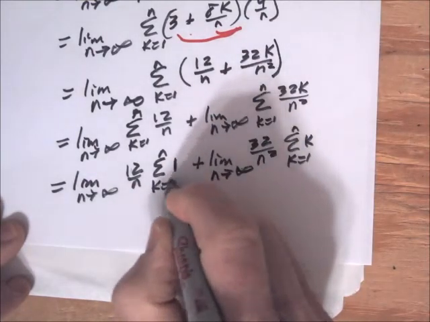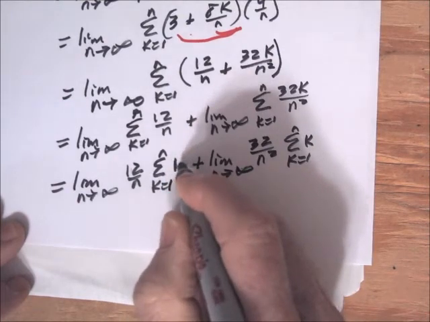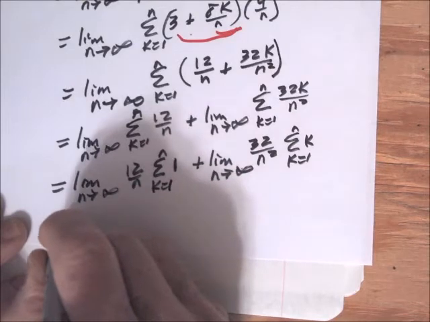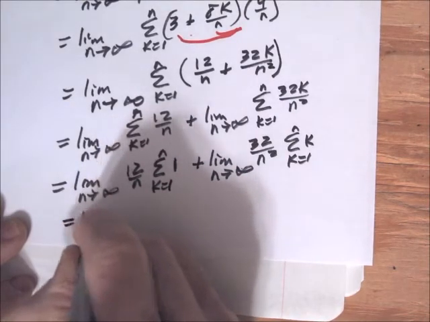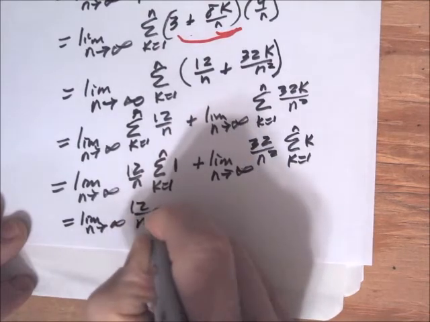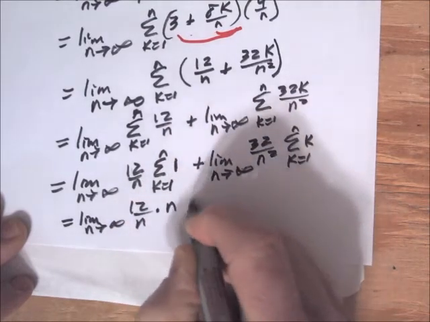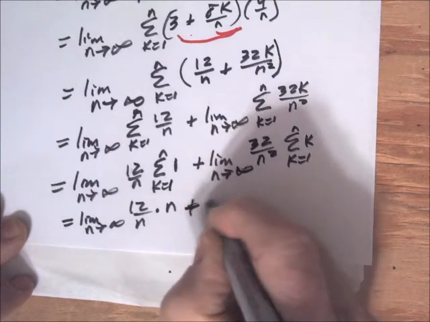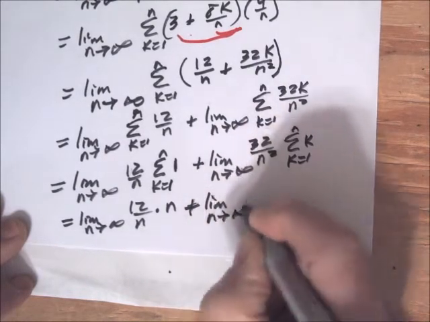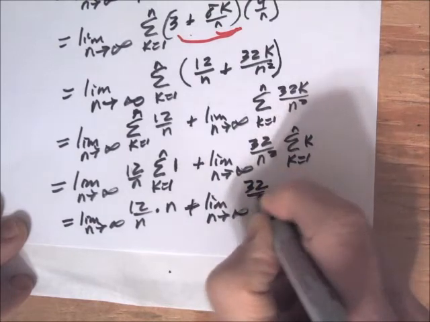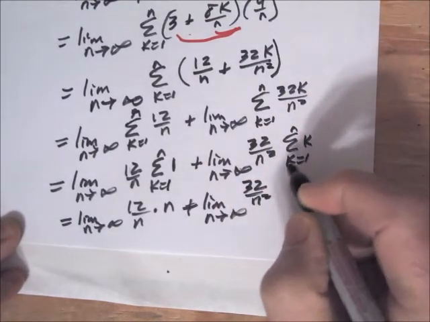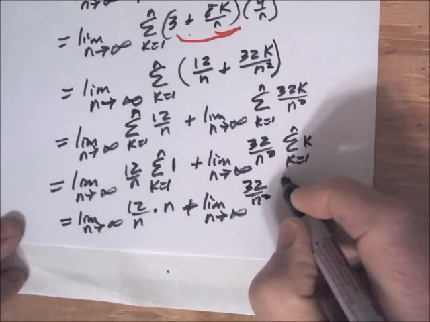Okay, so the summation k equals 1 to n of 1 is just 1 plus 1 plus 1, n times. So that's just going to be n. So this will be the limit as n goes to infinity of 12 over n times n, plus the limit as n goes to infinity of 32 over n squared times this piece, where we can use the shortcut formula that we just proved.